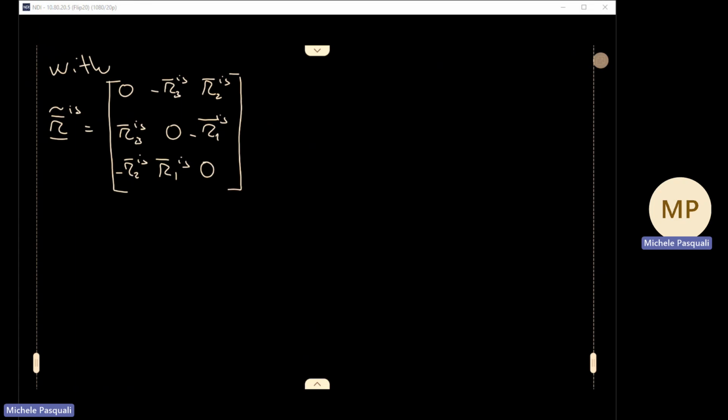So nothing new. And this is the vector which we consider for such construction: r1, r2, r3 over bar ij are the components of the local vector r over bar ij.